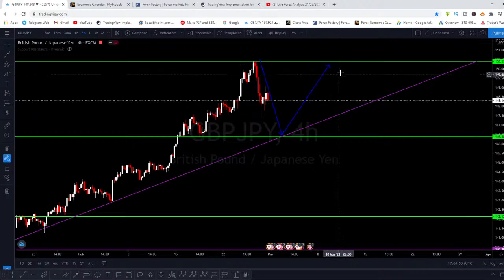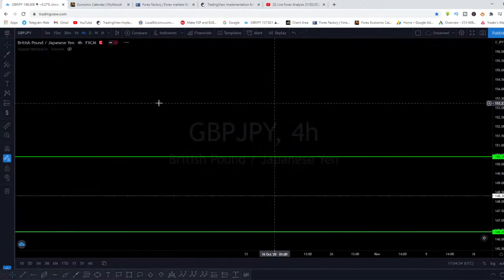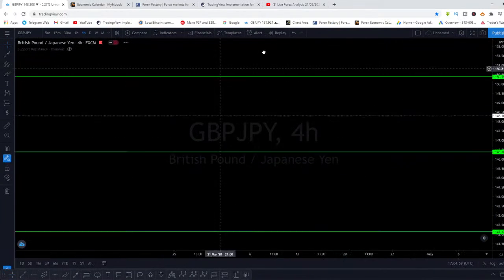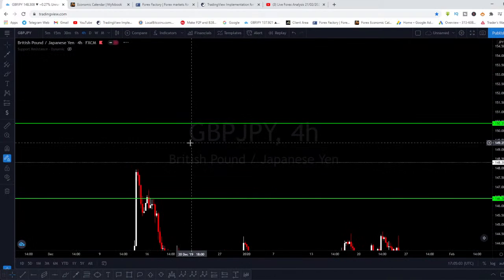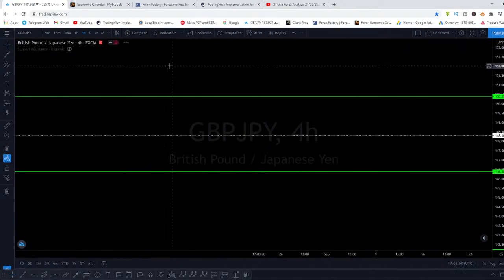But let me see something. They could push back to the upside. So let me see if there's any other thing around this area. There's nothing much interesting that happened on these levels. Okay, I think it has reached its highest point possible.